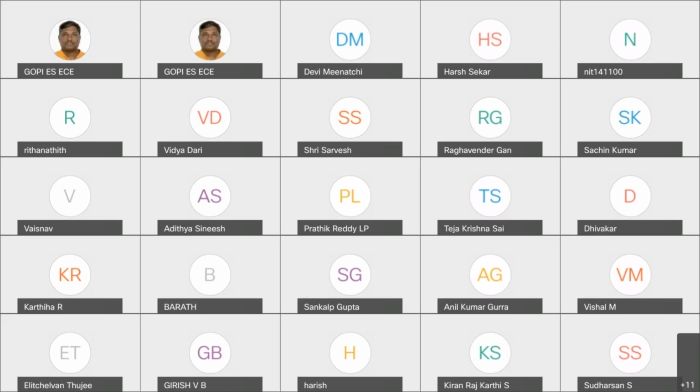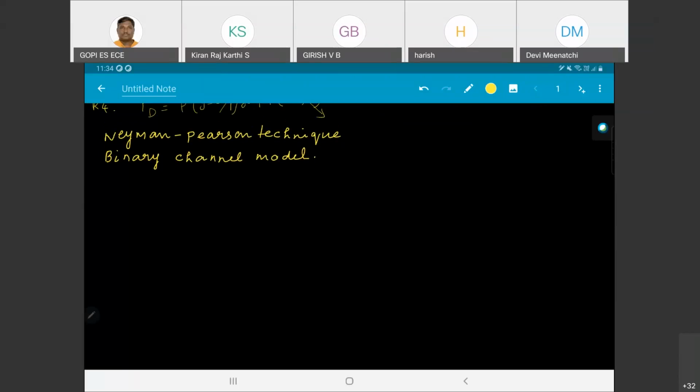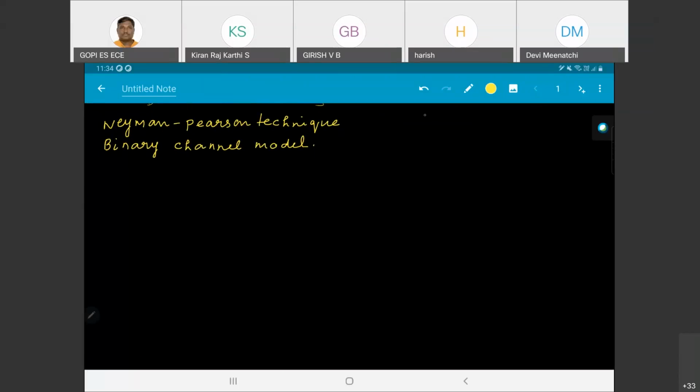We were discussing the Neyman Pearson technique, right? It is a type of detection technique. What we discussed was the Bayes technique.